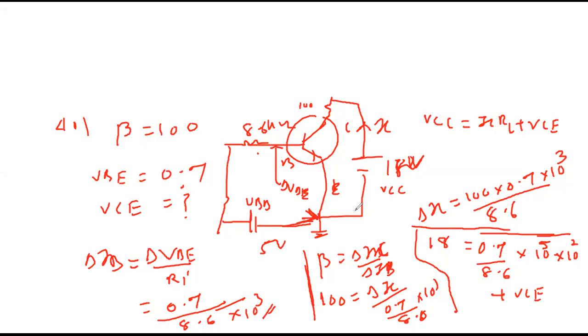So I feel there is some error in the values. Just write this formula. I will rectify the error, because VBE अचानक 0.7 और इसका voltage 5, there must be some mistake. शायद ये 4.7 होगा. Okay, this solution just write down as it is. I will rectify the mistake after checking where is the error.